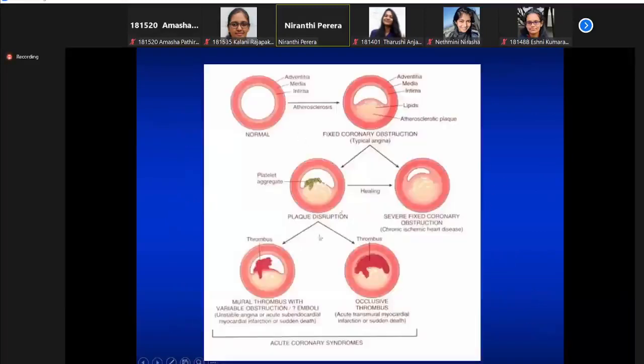So this is a famous diagram, which is from your Robbins. Here's your normal artery. Here's your fixed coronary obstruction, meaning over time as atheroma deposits, you get a fixed obstruction. Then you can get platelets aggregating here. If there is a rupture or if that plaque disrupts, you can get platelets there.